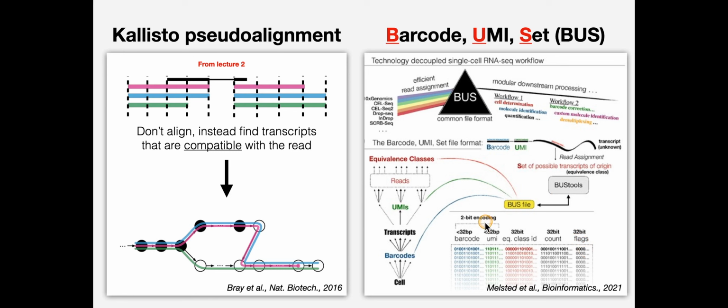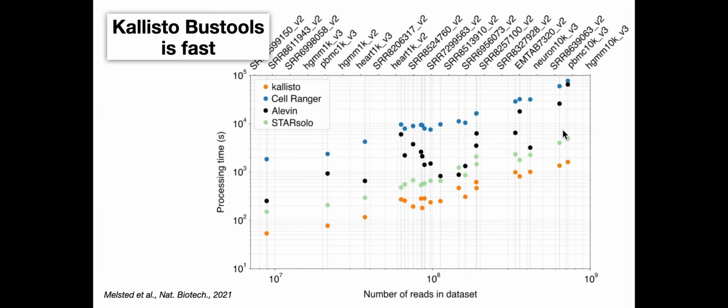We won't have time to really go into great detail about this bus format, but suffice it to say, it lets us use a read mapper we're already familiar with, Callisto. It lets us move away from CellRanger and actually carry out this whole process of pre-processing all the way through analysis in R on our laptop. And so it's great for us.